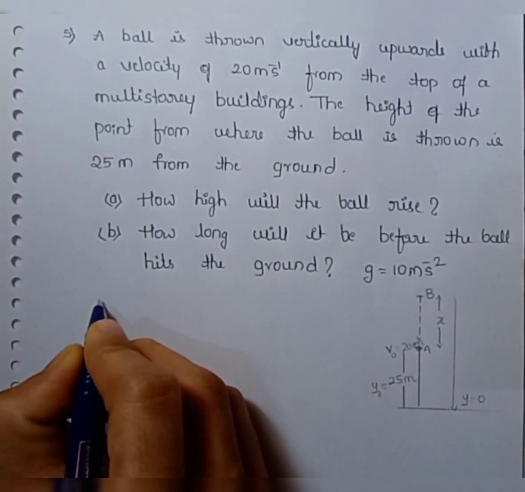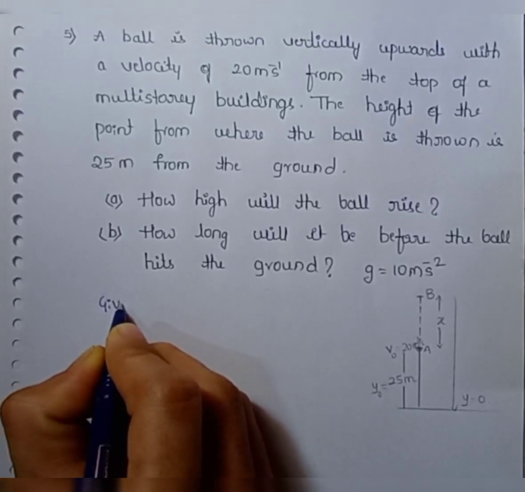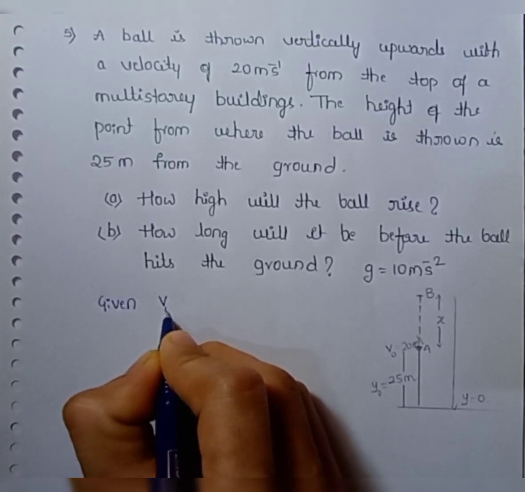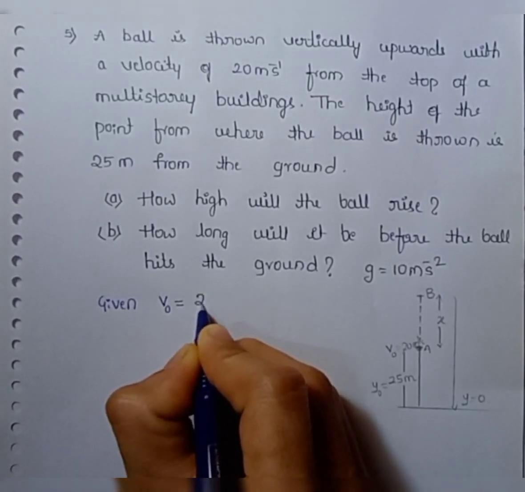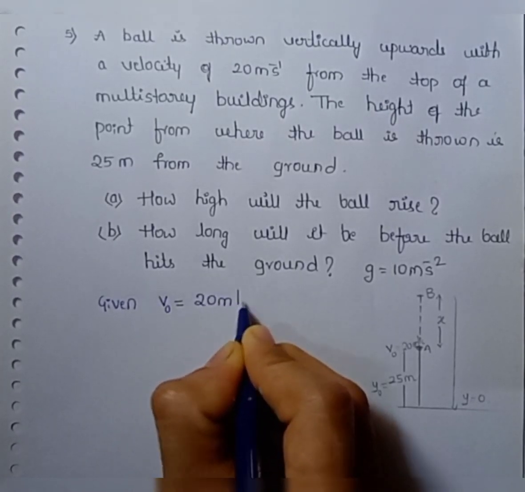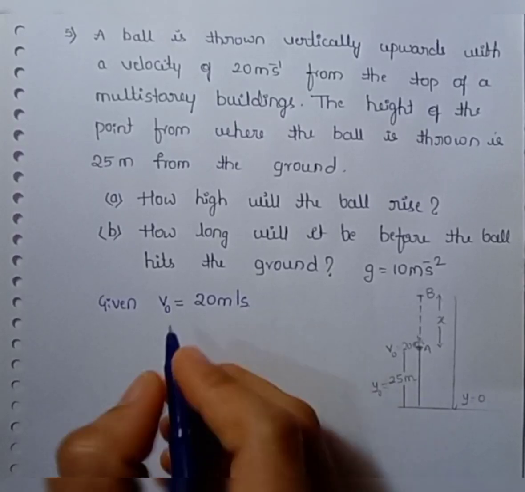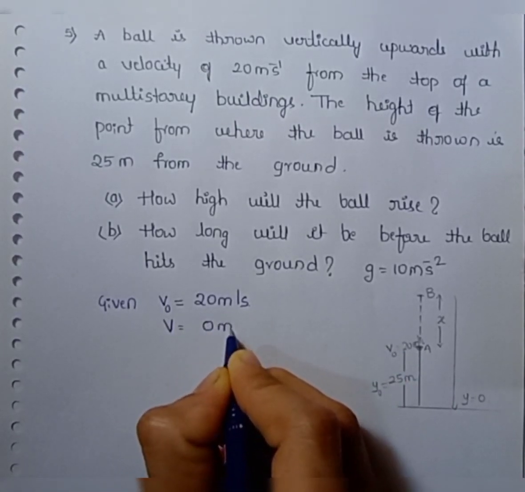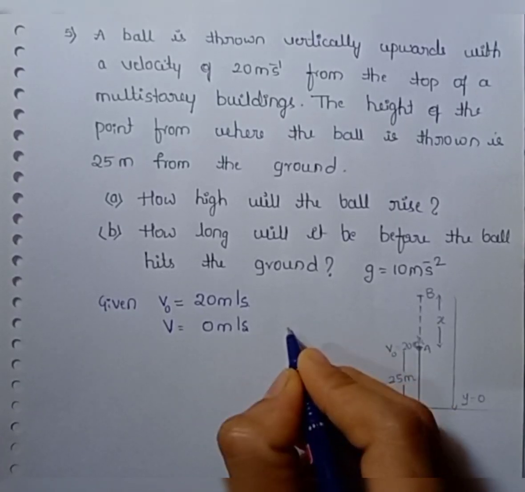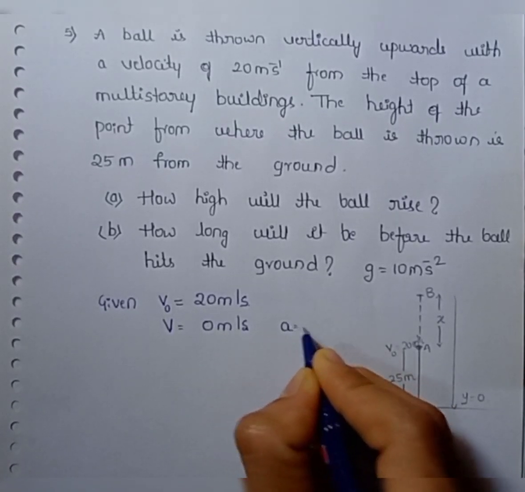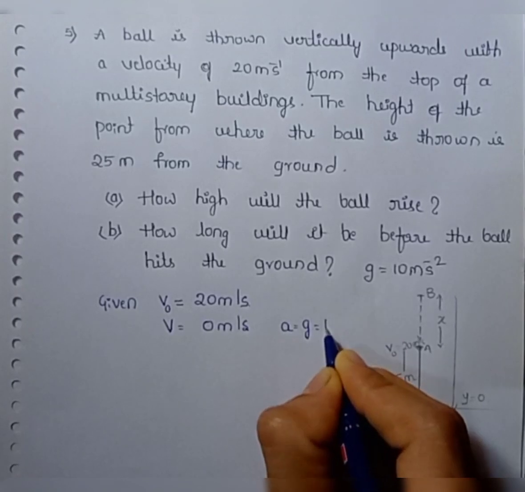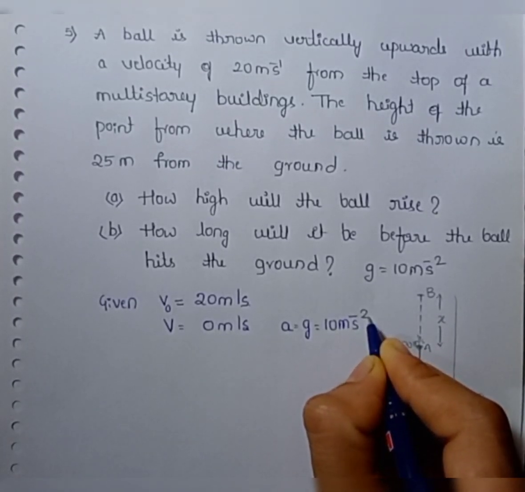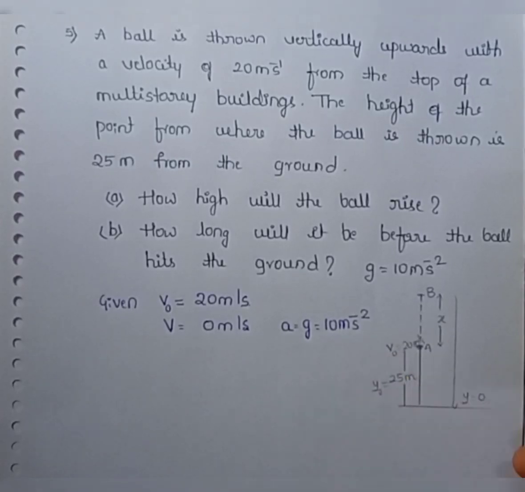So first of all, note down the given points. Given: v0 is equal to 20 meter per second, and here v is equal to 0 meter per second, and a, that one is g, you can take it as 10 meter per second square, that one is negative.